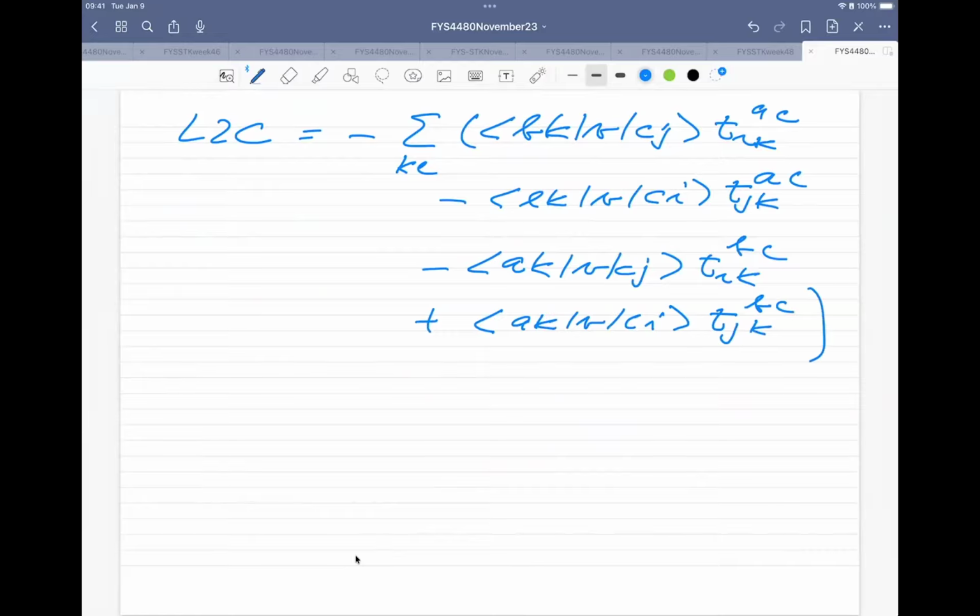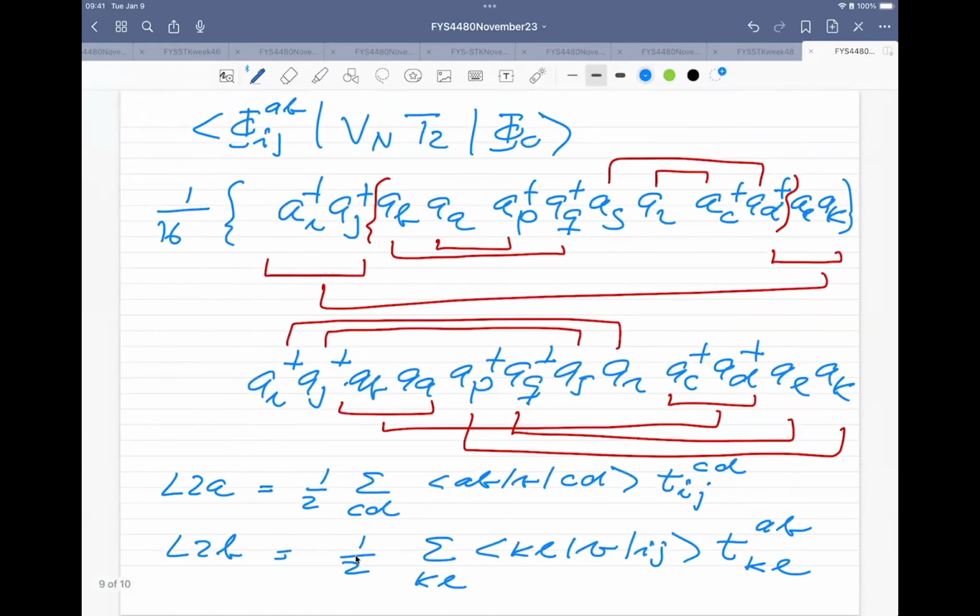I will later show you how you can calculate these efficiently. And this is something which is called intermediates, because you can perform some intermediate multiplication and store these quantities. And actually, just to give you a hint of that, if you look at this term and this term, you see you have a C and D here. You end with an I and J. You can set up a matrix with A, B, and C, D. So this could be rewritten as a matrix.